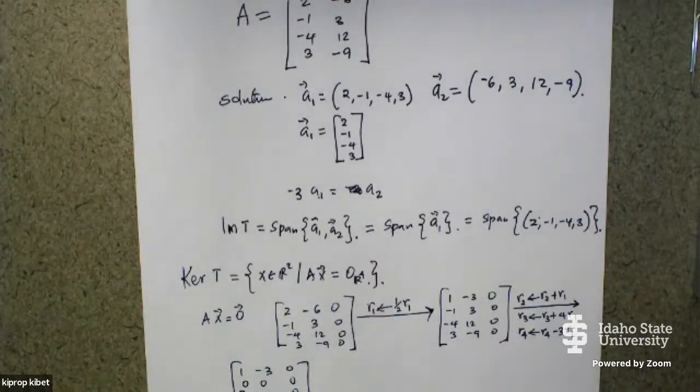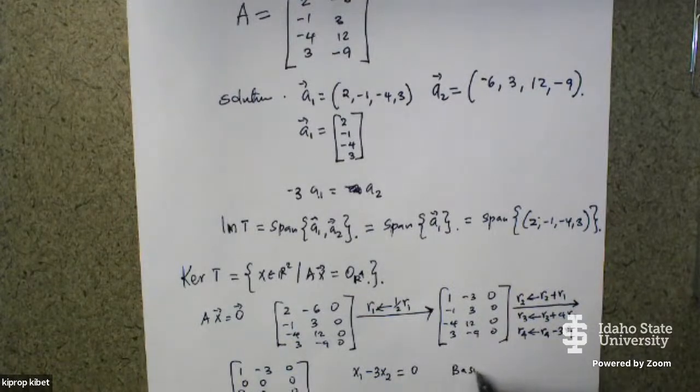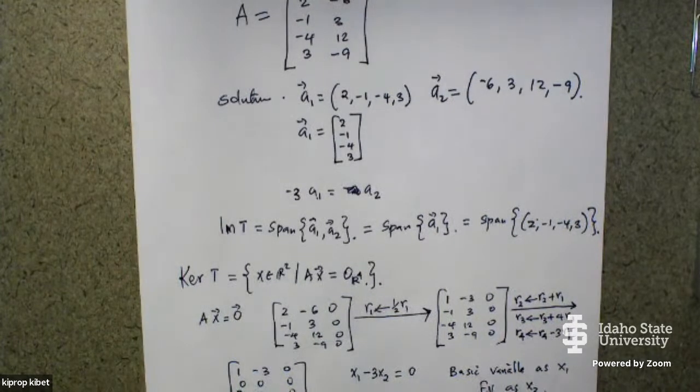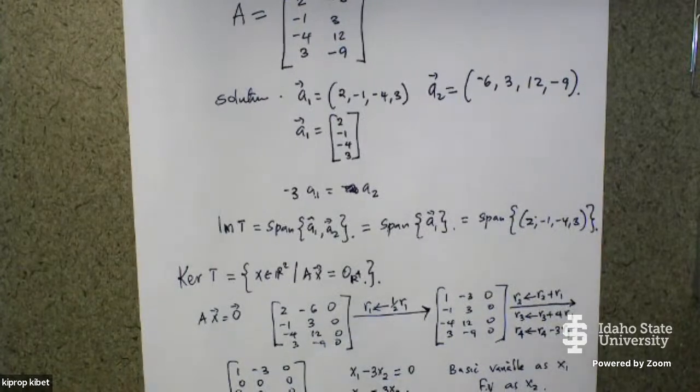Therefore, our new linear equation will be x1 minus 3x2 equals 0. So we have our basic variable as x1 and our free variable as x2. Then x1 equals 3x2.